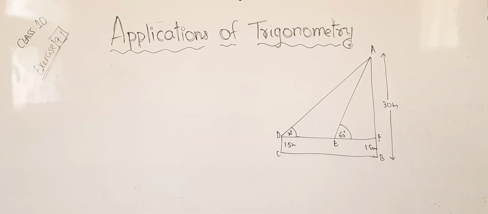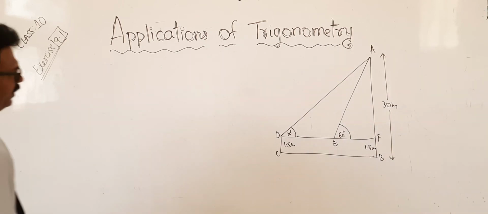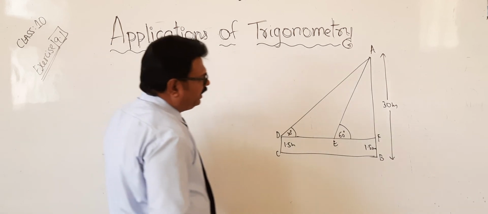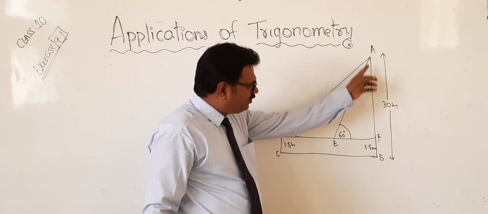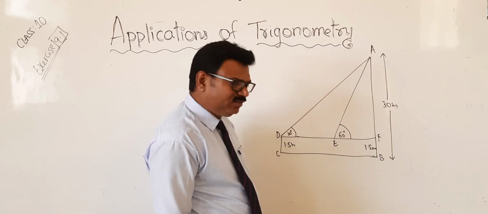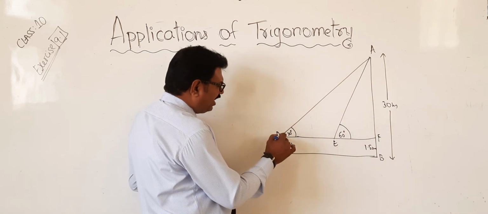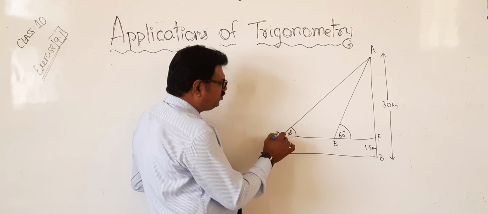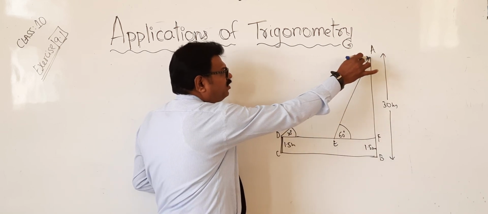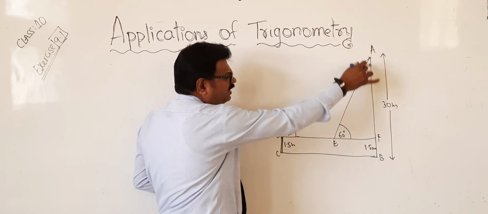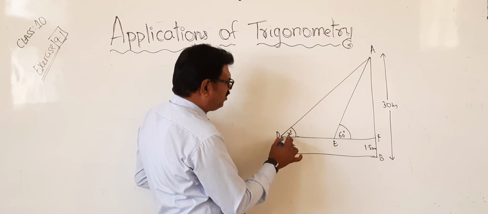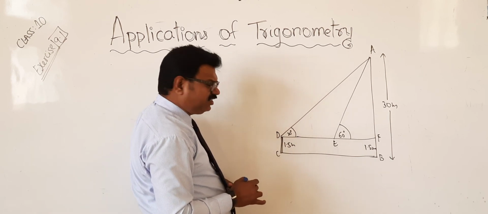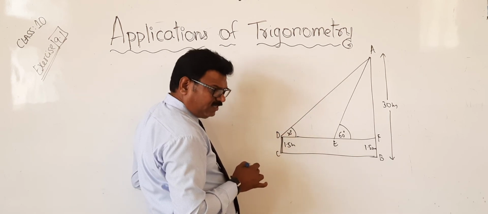Yes, one more problem. A pole of 30 meter height is there. A person of height 1.5 meters is watching the top of the tower at an angle of elevation of 30 degrees.